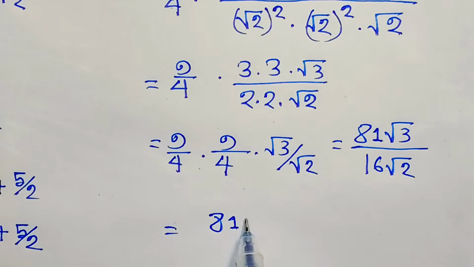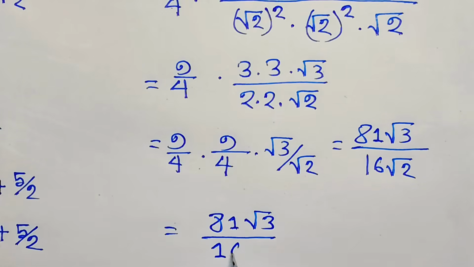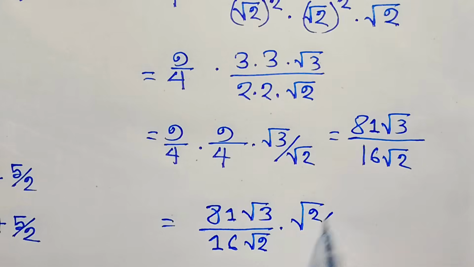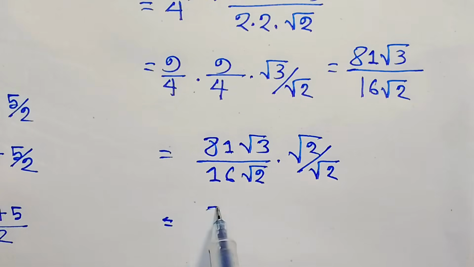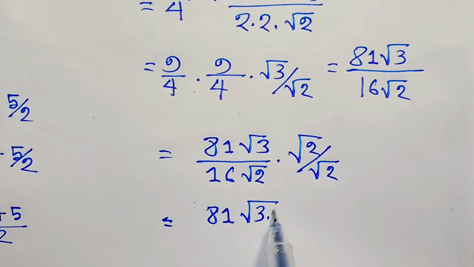So here, 81 times root over 3 divided by 16 times root over 2. So we have to multiply by root over 2 times root over 2, because this is the value of 1 when we divide this.